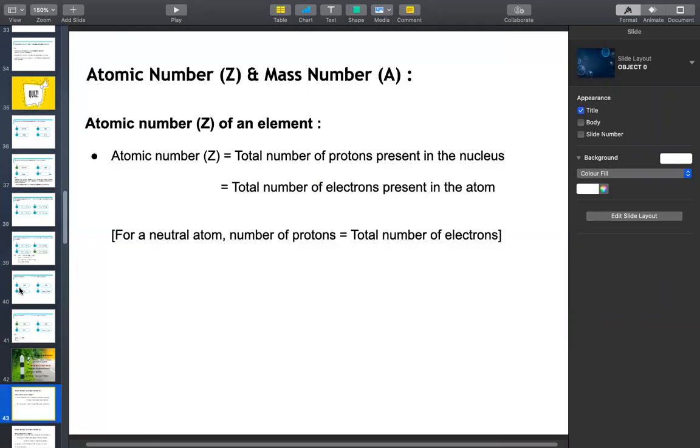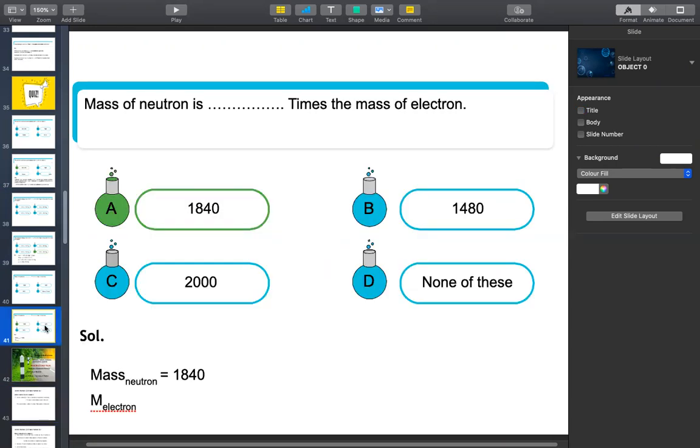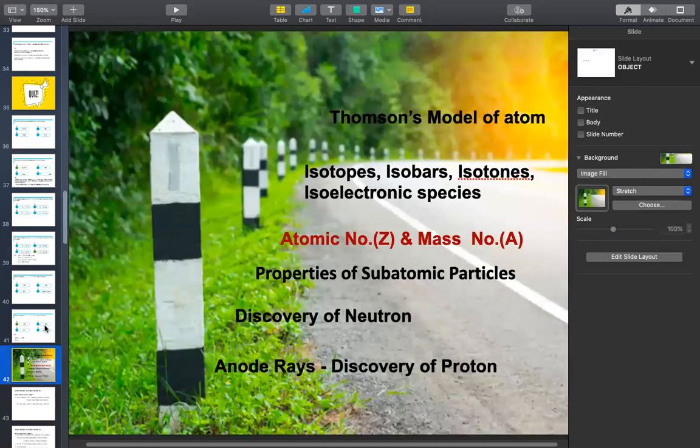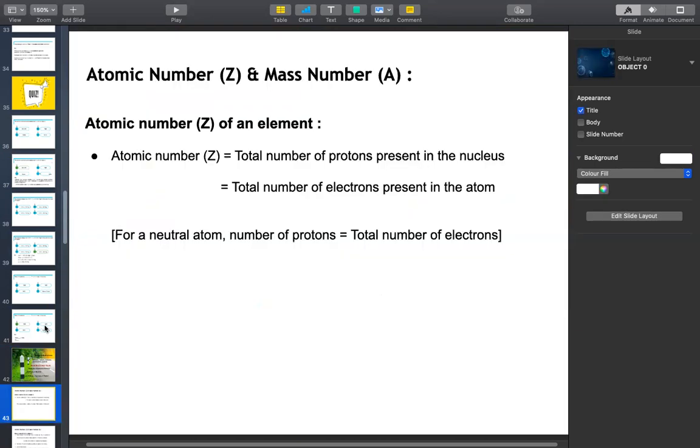Now, atomic number of an element is Z. Mass number of an element is A. Atomic number is nothing but the number of protons in any element. Atomic number is the number of protons present in the nucleus. Total number of electrons present is, from the previous question, the mass of neutron is 1840 times the mass of electron. 1837 or 1840 is almost the same.